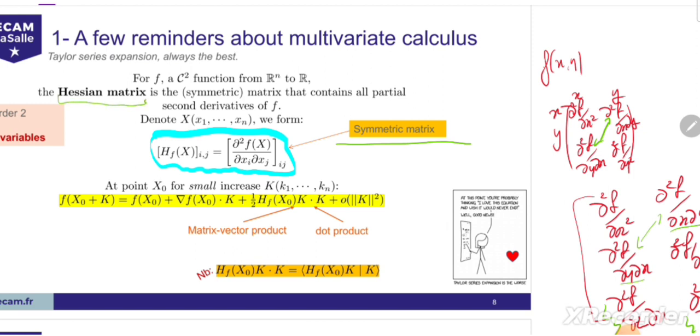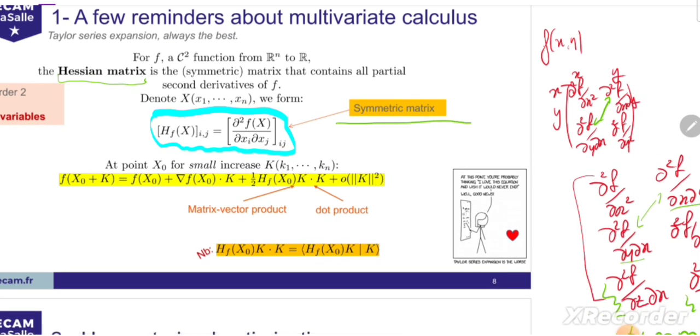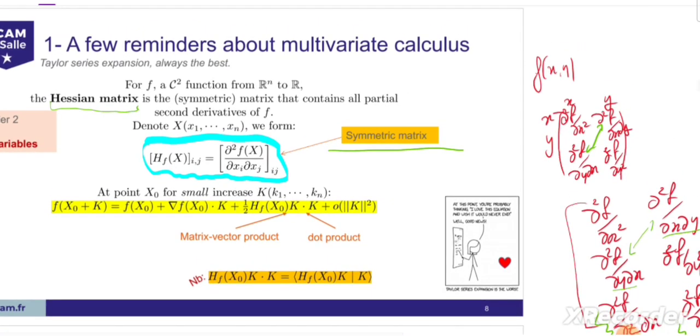All right, and the good news is that we can write the previous expression of the Taylor expansion with two variables or even more variables using the Hessian matrix. That's going to be this one. So what do we have here? f at x0, that's your function. We're looking at x0 as a point with n variables. Right? We're doing some increase. Let's call that k because we already have an h in the Hessian matrix.